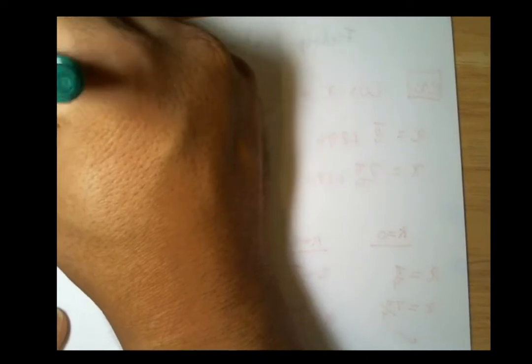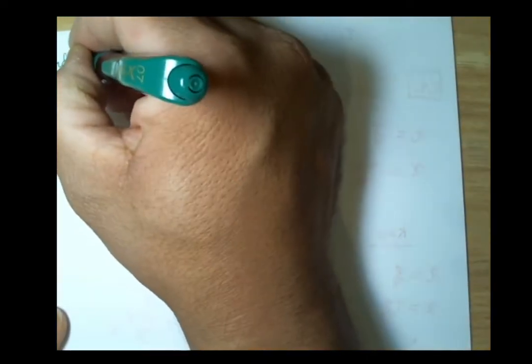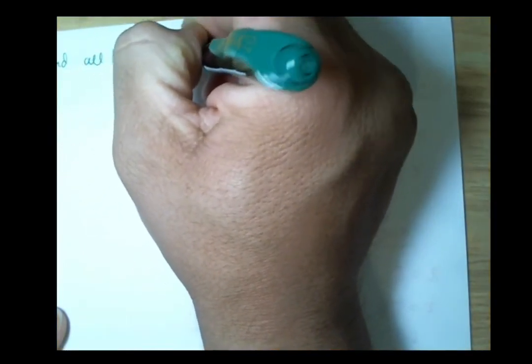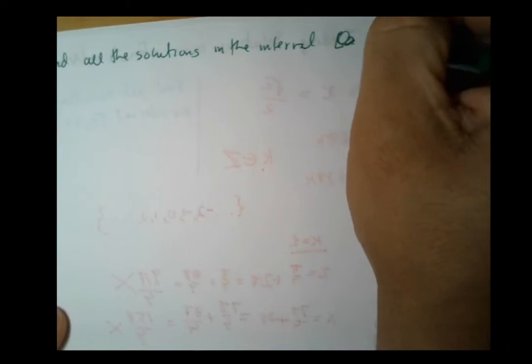All right, and we'll choose a different domain just to switch it up. So for this example, find all the solutions in the interval negative pi to 0.